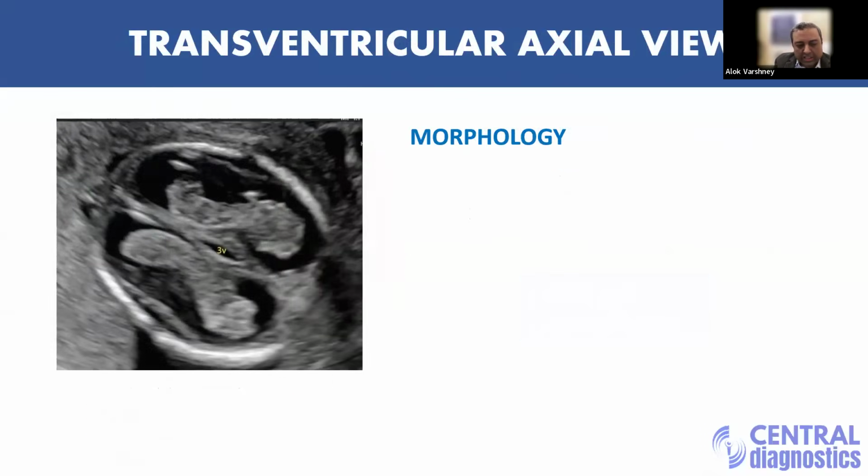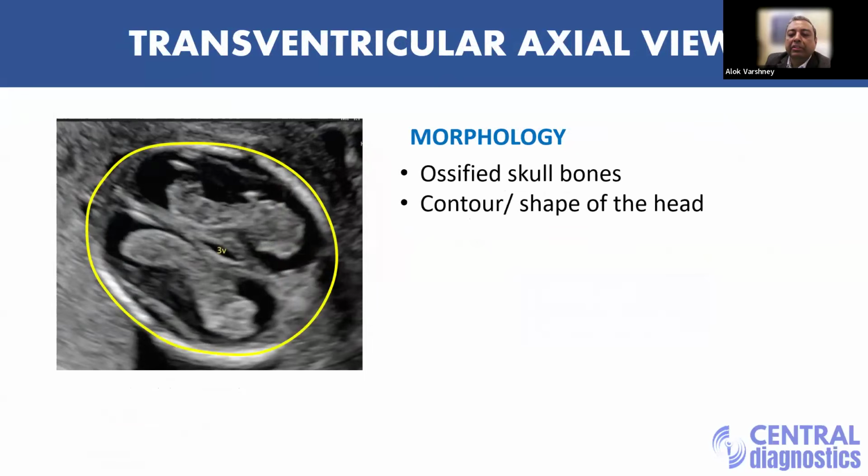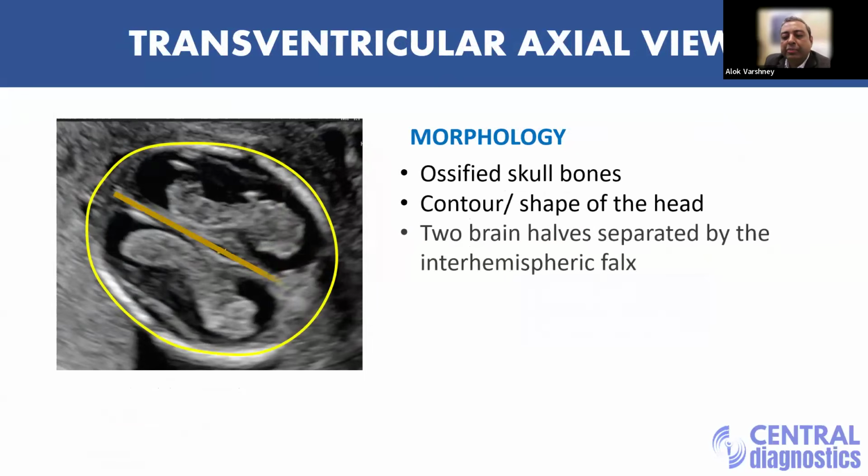So this is a very important plane because here again we will assess the ossification of the skull bones. We will see the contour and shape of the head. The two brain halves are separated by an interhemispheric fissure, which runs from anterior to posterior.